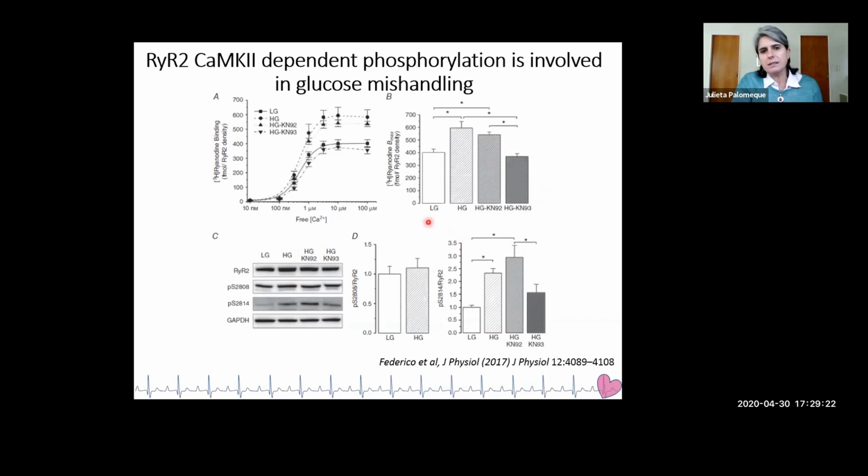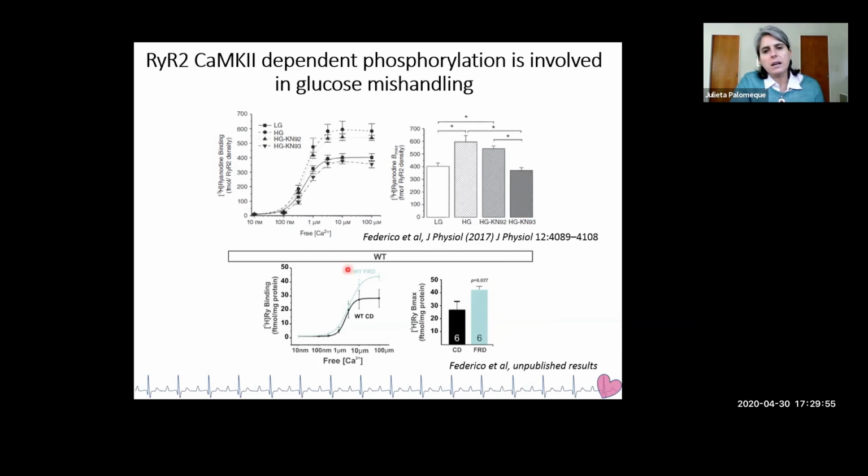We checked in this model the phosphorylation of the ryanodine receptor, and we can see that the PKA site, serine 2808, is not modified by high glucose. And then when we check the phosphorylation site of CaMKII, serine 2814, we can see a behavior similar to what you see in the mice.